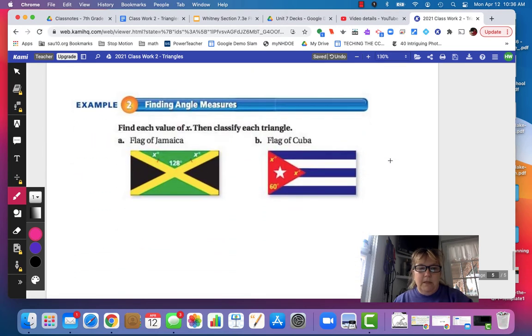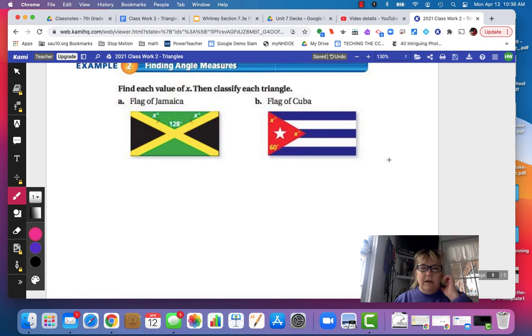So, just finding more angle measurements and classifying the triangle. We have two x's here. We know they have to be the same degree measurement, one because the x's are the same, and the other because of these lines of congruency. So I have 2x plus 128 degrees is equal to 180.